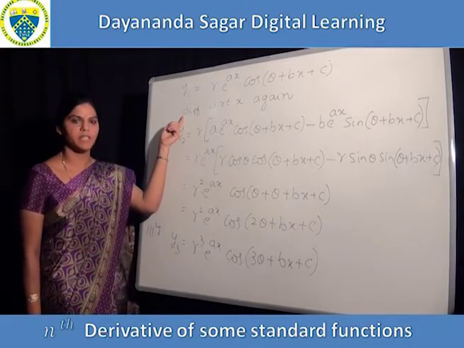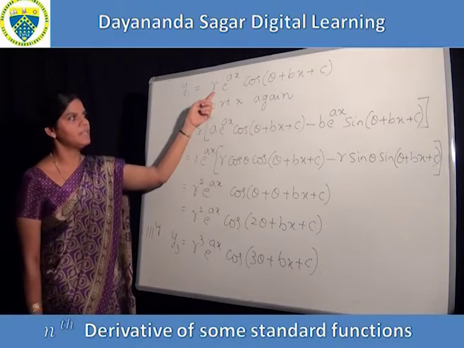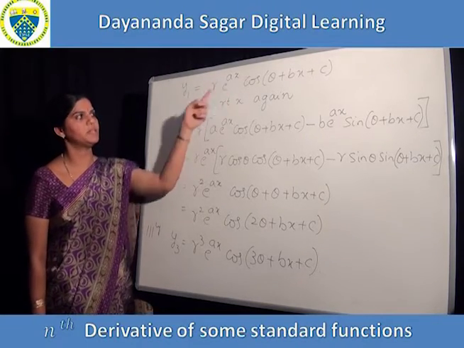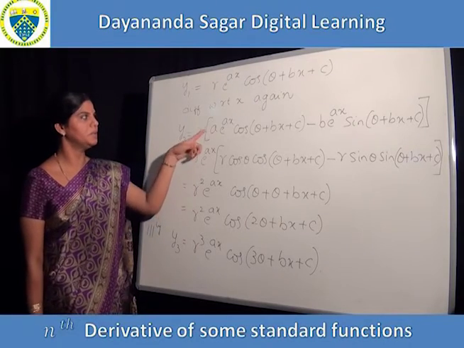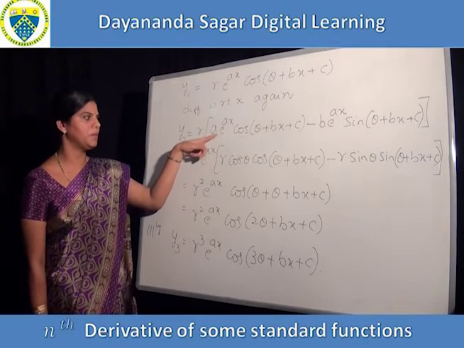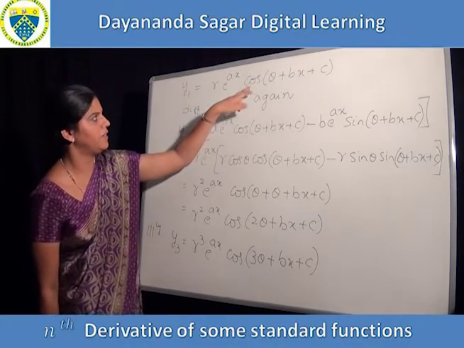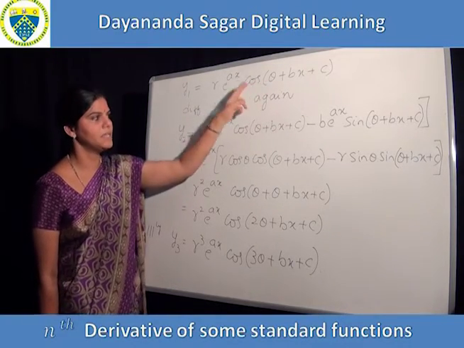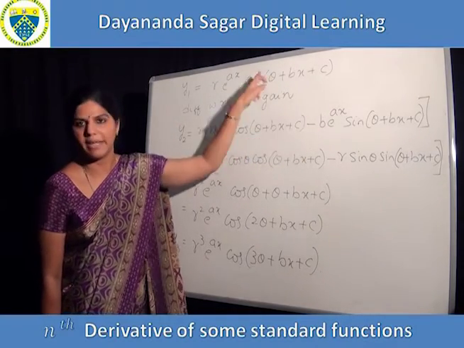Now differentiating with respect to x once again, we get y2. So differentiate, r is a constant. Differentiate e power ax into cos of theta plus bx plus c using product rule. So we get r into derivative of e power ax, which is a into e power ax into cos of theta plus bx plus c, and then derivative of cos of theta plus bx plus c is minus b into sin of theta plus bx plus c into e power ax.